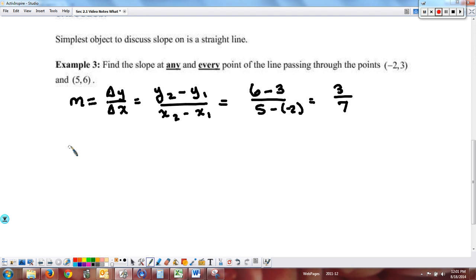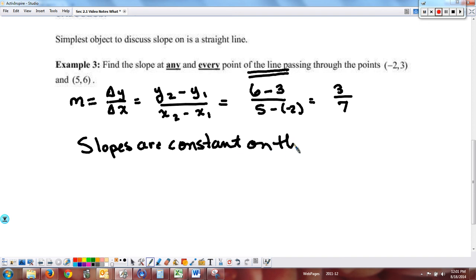But one thing to remember is that since I'm on a straight line, the slope is constant. Slopes are constant everywhere on the line. Constant on the entire line. So if I were to ask for the slope at any and every point, I can simply use the fact that the slope of the line is 3/7 and know that the answer is going to be 3/7.